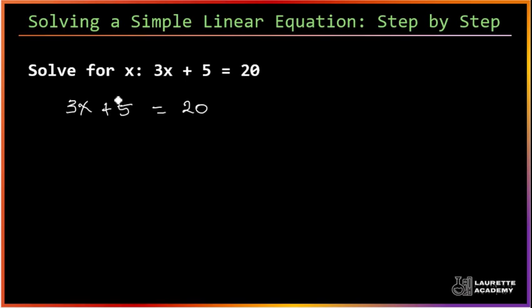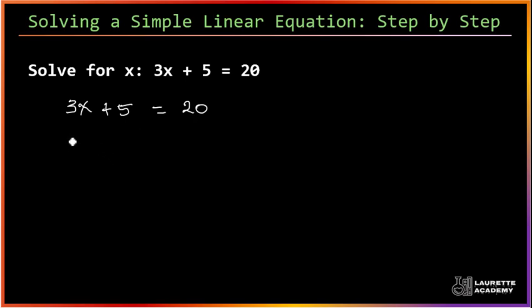Now, we already have x on one side of the equation, so we need to deal with this plus 5. And in order to remove this plus 5 from the left-hand side of the equation, we have to carry out the opposite operation on plus 5. And the opposite operation of addition is subtraction. And so, we subtract 5 from both sides of the equation.